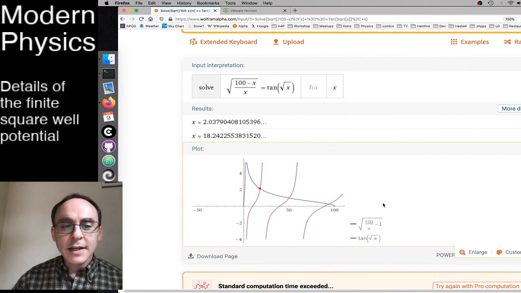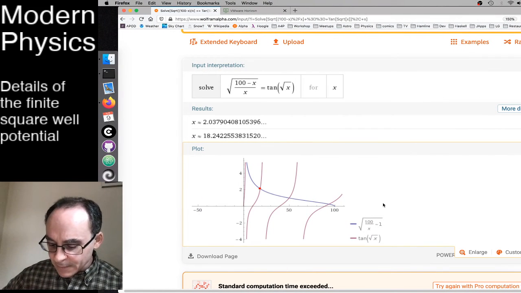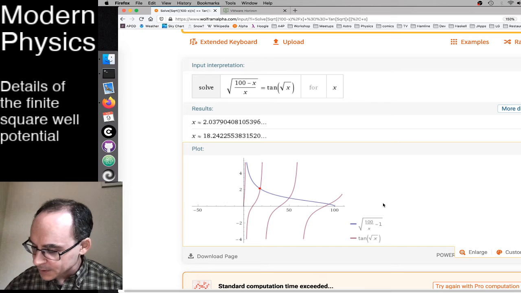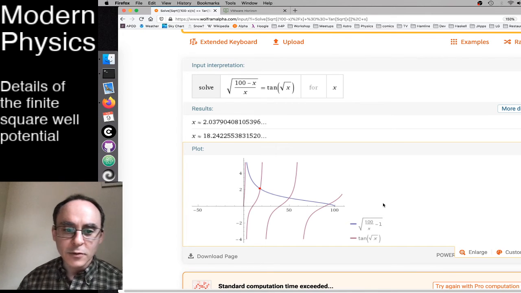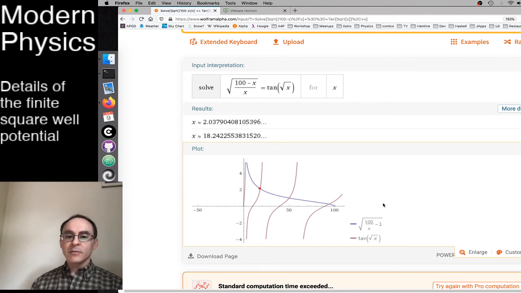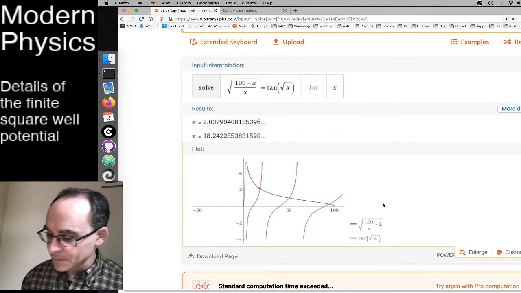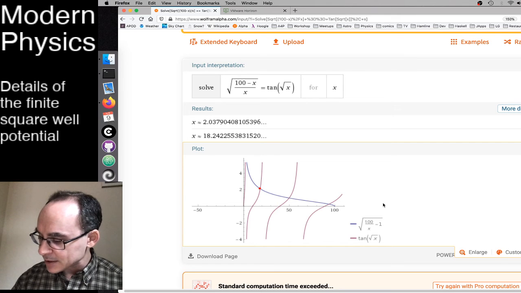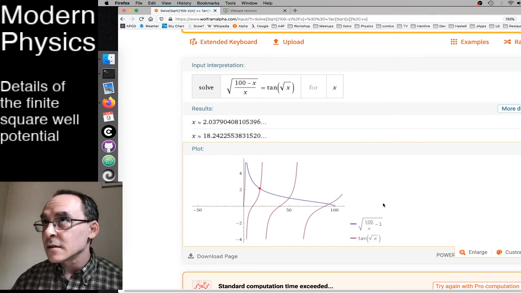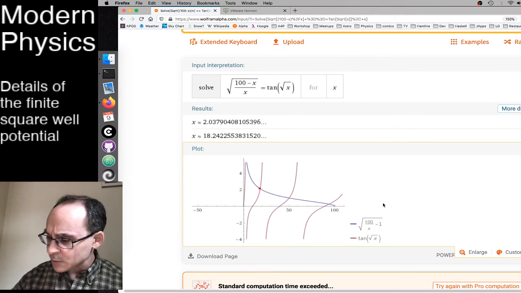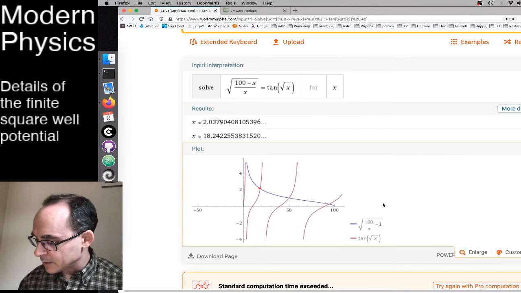So what this means for the case where V naught is equal to 100 times 2h bar squared over ml squared is that we get 4 of the symmetric wave functions, and in between each of those solutions there's going to be an anti-symmetric wave function solution. So there are at least 7 solutions here. The simplest solution is always going to be symmetric, because the slowest curving possible wave is symmetric.